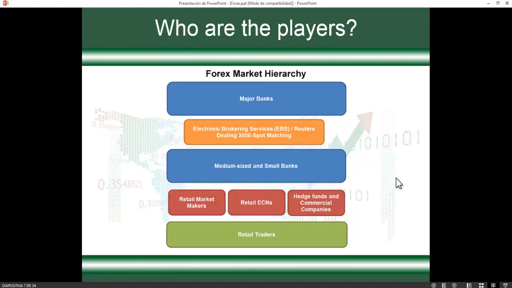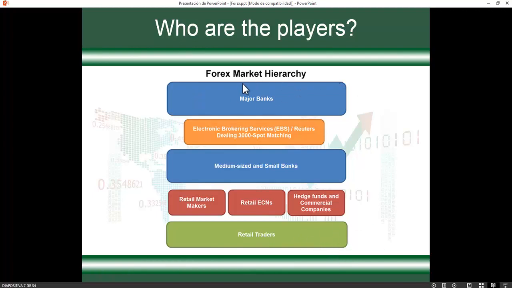But to put it in a few steps so you understand where you belong at the moment: starting with your 100 quid account, where you belong is unfortunately down here. That doesn't mean that you are not able to make profits. It doesn't mean anything really if you use it correctly.